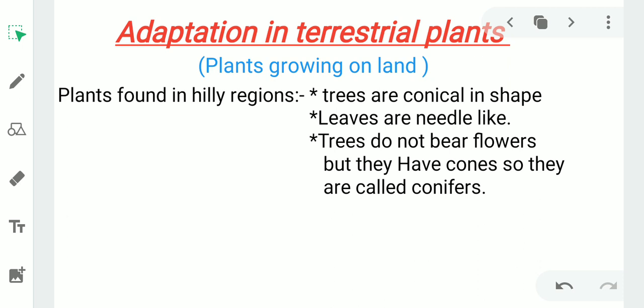When leaves are needle-like, they can survive better in very cold temperature. Also, snow cannot remain on the needle-like leaves. It falls down. Third point, trees do not bear flowers, but they have cones, so they are called conifers.